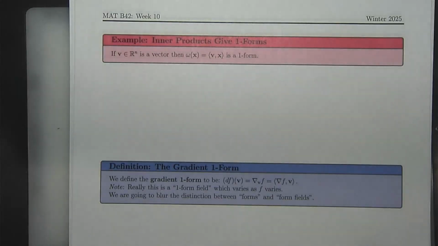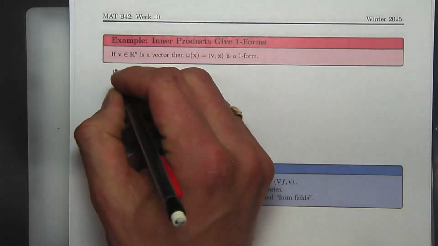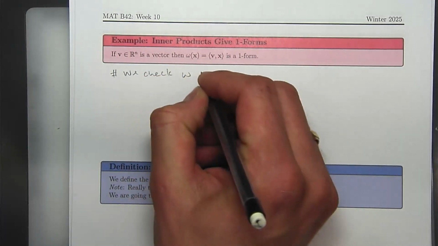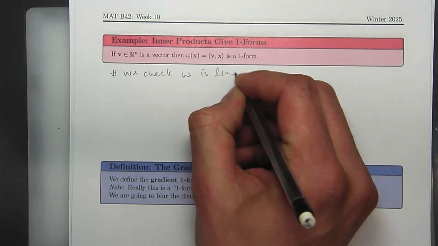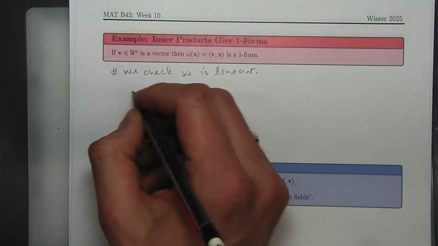Okay. A very, very common construction is the following. If someone hands you a vector v, you can then make a one form out of that vector. So you can say, okay, well, I need this thing to be linear. So we want to say, is this thing really linear?